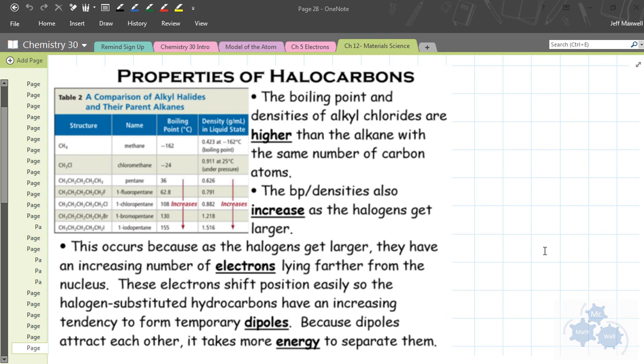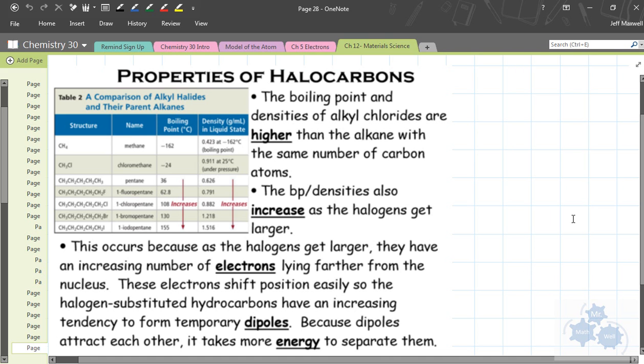This occurs because the halogen atoms themselves are larger. They have more electrons and they're actually bigger and thicker, with the increasing number of electrons lying further from the nucleus. These electrons can shift easily, so the halogen-substituted hydrocarbons have an increasing tendency to form temporary dipoles. Do you remember what a dipole is?